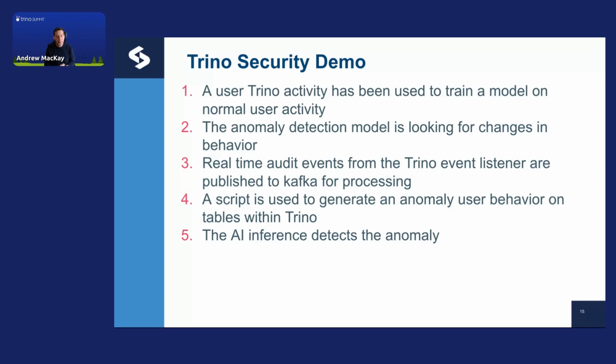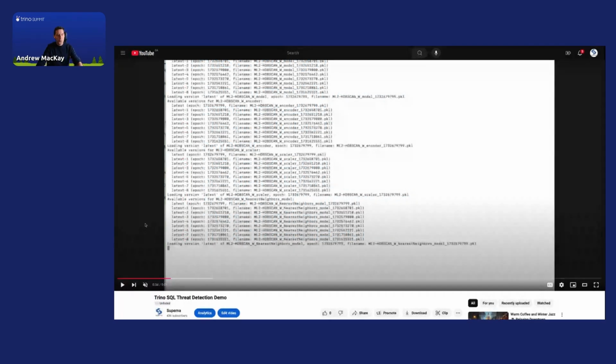Then we're going to take the event listener data and publish that into Kafka, and do real-time event listener analysis, looking for deviations. The way we're going to cause an anomaly is to run another script for a particular user that deviates that user's behavior from the background model, and we'll be able to show that detection.